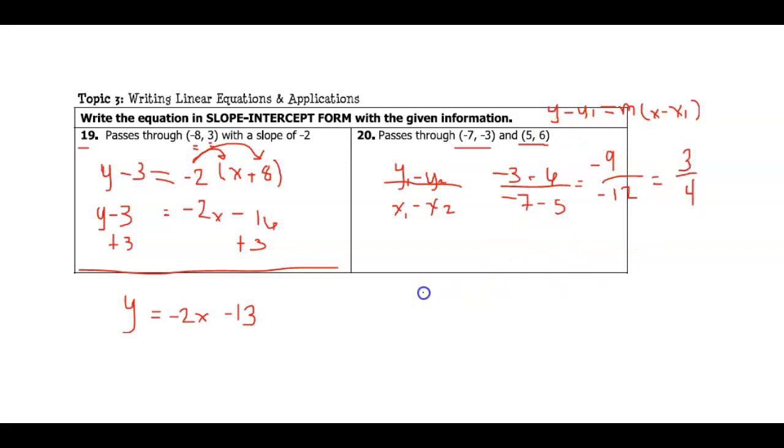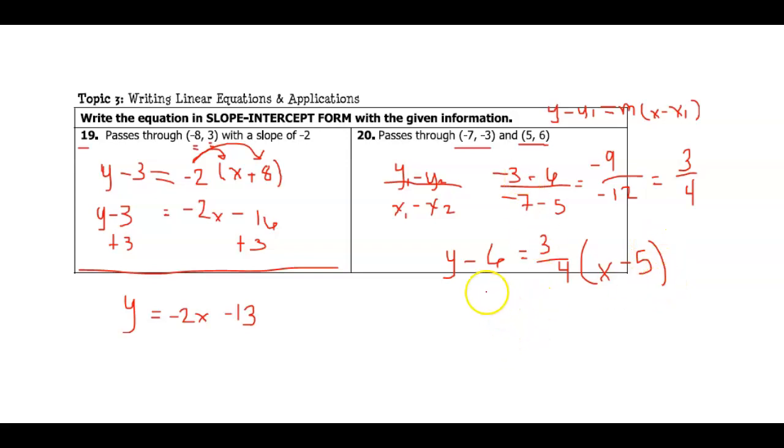And now I can use my point slope form. I'm going to use the point 5, 6 that they give me, and then I use my slope. So I'll say y minus 6, which is my y, equals 3/4 times x minus 5. You can use the other point as well.